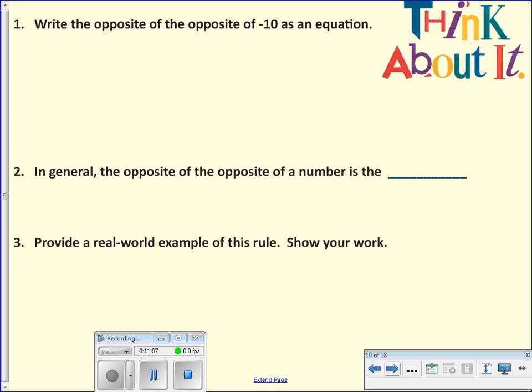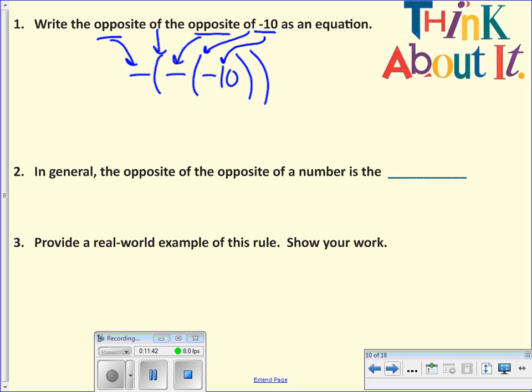Okay. So let's write the opposite of negative 10 as an equation. So the opposite of negative 10. And then you have to close the parentheses. So the opposite of negative 10.